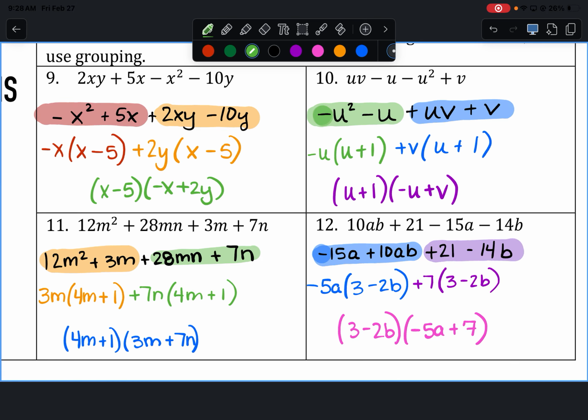And when you check those, that's what you should get. Once you finish those two questions, we have some Delta Math practice that we're going to do for the rest of class. But other than that, y'all are good.